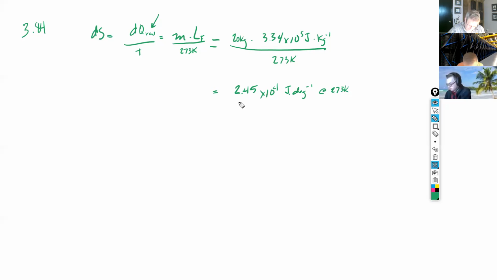Do you see what that answer is? Now, there is another way of looking at it, which is that entropy is conserved.